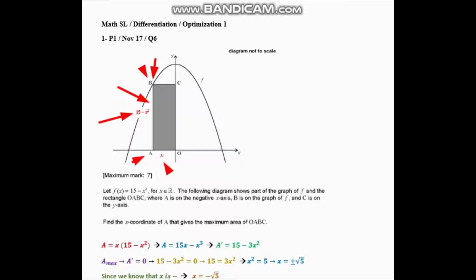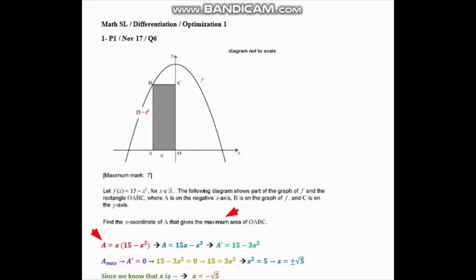This is the tricky part of the problem, understanding that the horizontal distance is x and that the vertical distance is represented by 15 minus x squared. Hence, the area of the rectangle can be given by x times 15 minus x squared, and we want to find this maximum area. So we want the x value that maximizes this area.